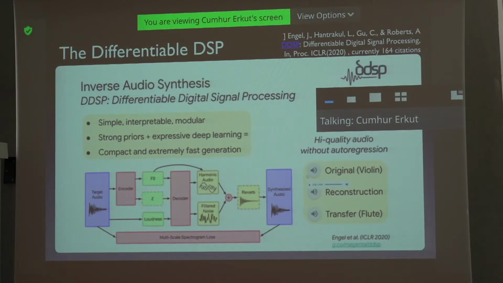Then finally, we get the harmonic part of the audio, a noise component that we can filter, and a reverberation signal that we can calculate by convolution reverb in the frequency domain. It steered the community in a very positive direction. It currently has 164 citations and gets lots of people very excited about the possibilities.